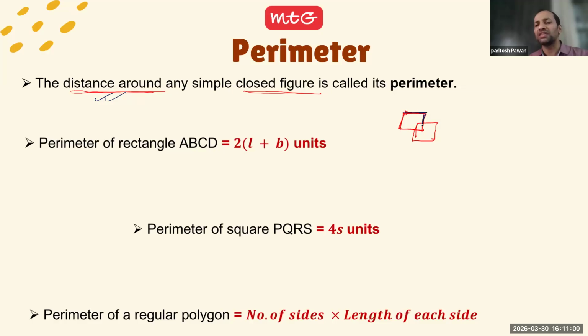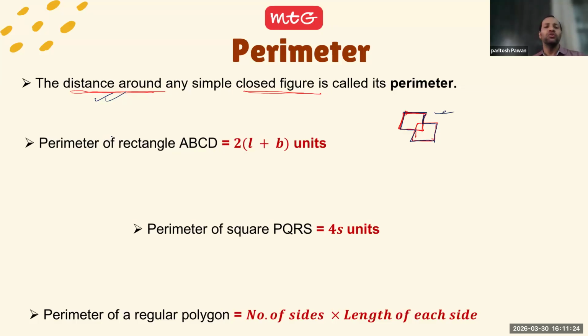We need not go inside. Then this length, then this one, this one, this one, and this one. So only the distance around that diagram. Always keep in mind, if you include these inside distances, your answer will be wrong. So perimeter is always the distance around that closed figure.